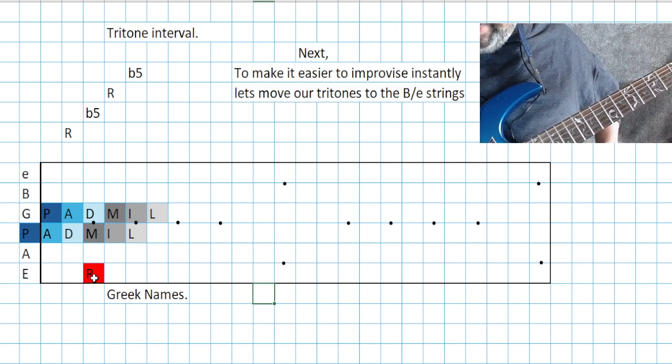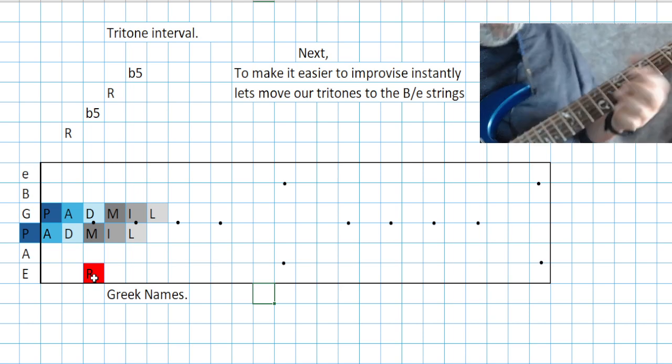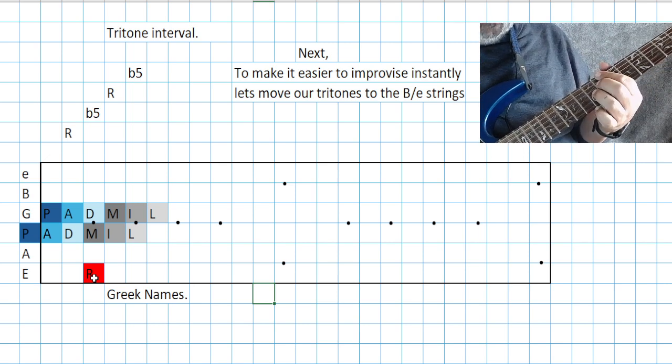Another thing I wanted to say is that if you look at these notes and analyze them for yourself, you can see what's going on. Let's take, for example, this Mixolydian.